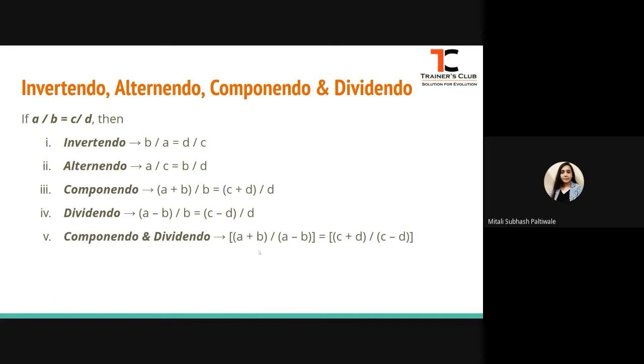So here it will become A plus B by A minus B is equal to C plus D by C minus D. And if A by B is equal to C by D is equal to I by J is equal to K, and if all are equal to K, then A plus C plus I plus whatever it is, by B plus D plus J plus whatever, will be equal to K only. So these are direct formulas. I'll be sharing the list of formulas by the end.